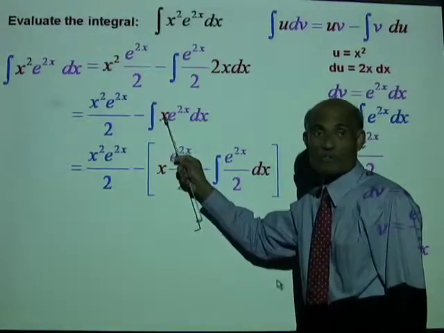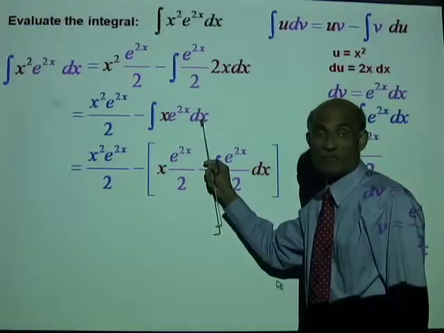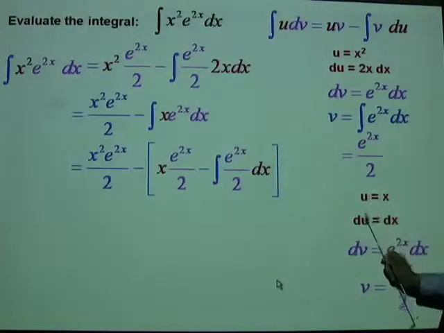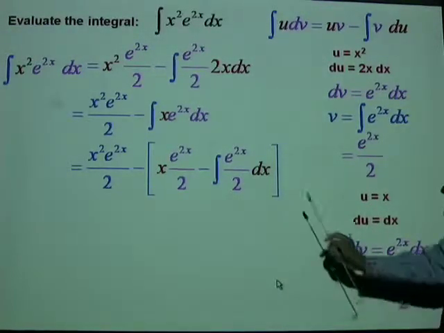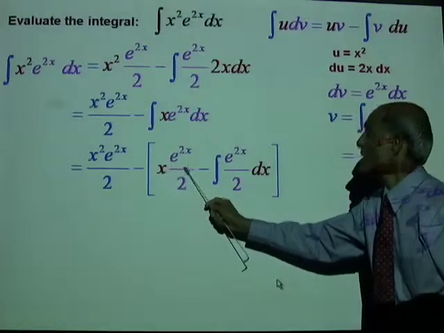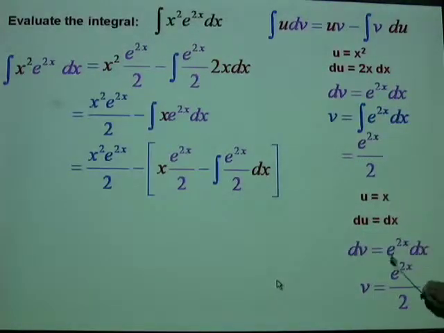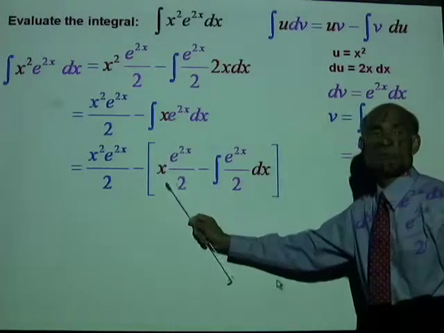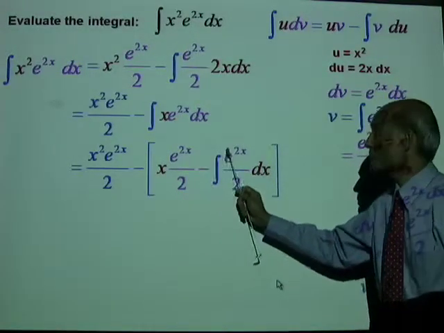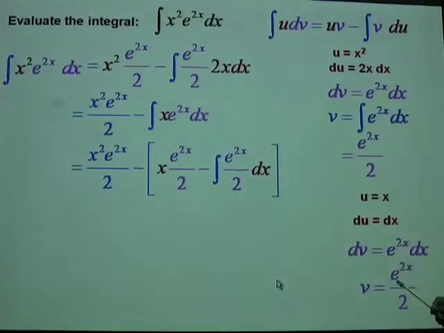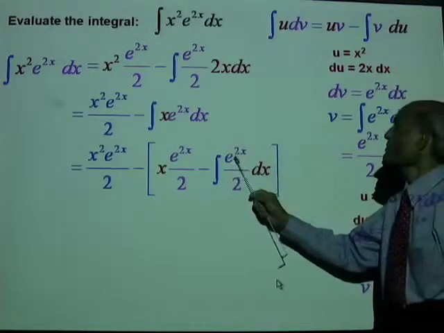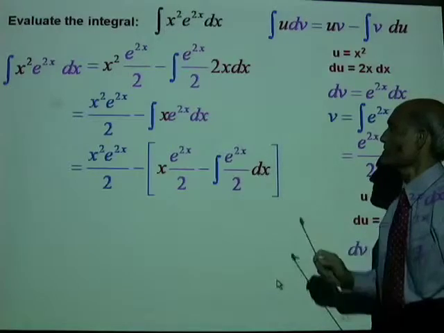This is our u, this is our dv, and you have du and v. This will be u times v, where u is x and v is e to the power of 2x over 2, so that will be uv minus the integral of v du, e to the power of 2x over 2 times dx.